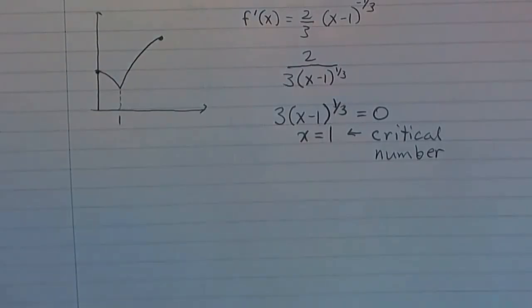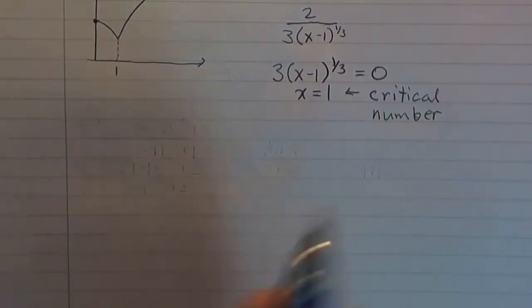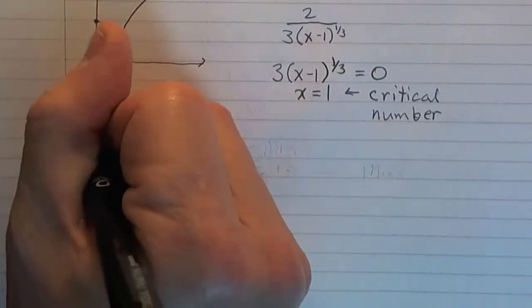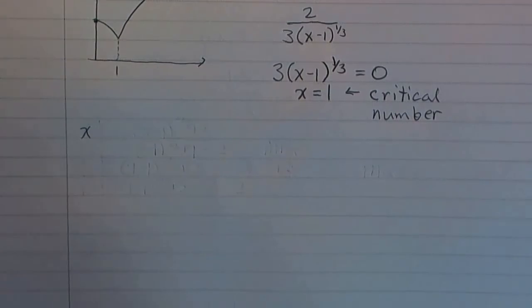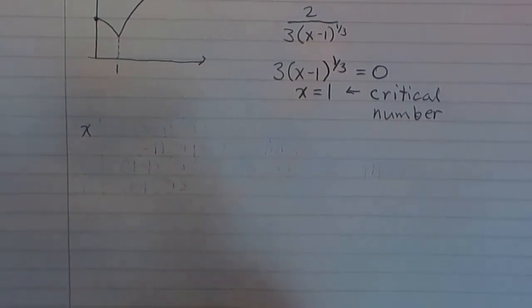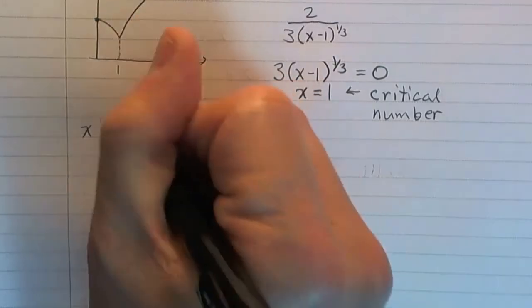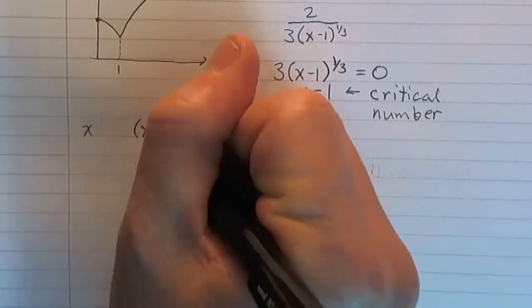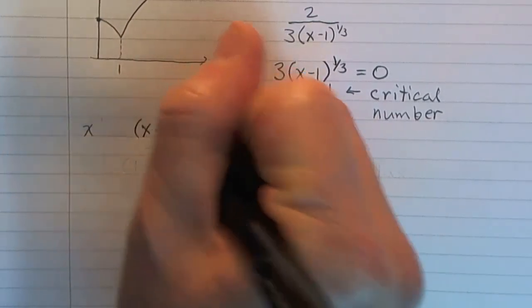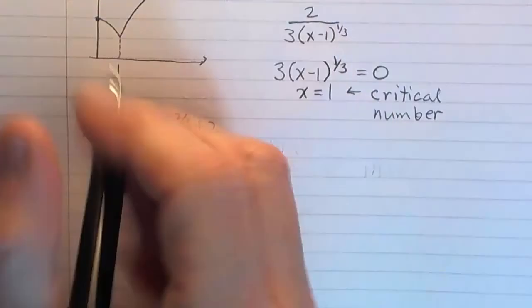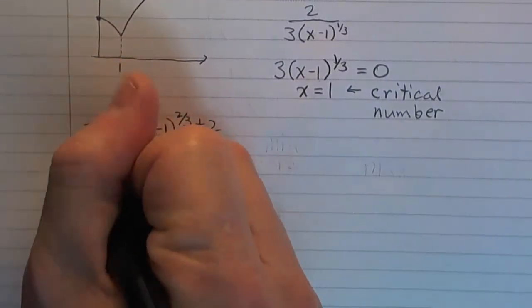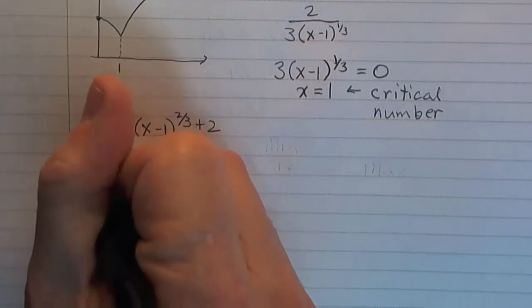I found that point. So let's make our table and see if we can figure out where the absolute maximum and the absolute minimum are. I've got x, and then I'm going to plug it into (x minus 1) to the 2/3 plus 2. I'm going to plug in the endpoints, 0 and 9, and then this critical number.